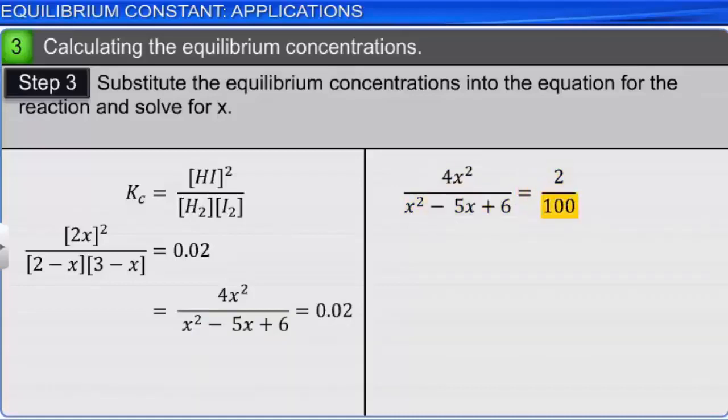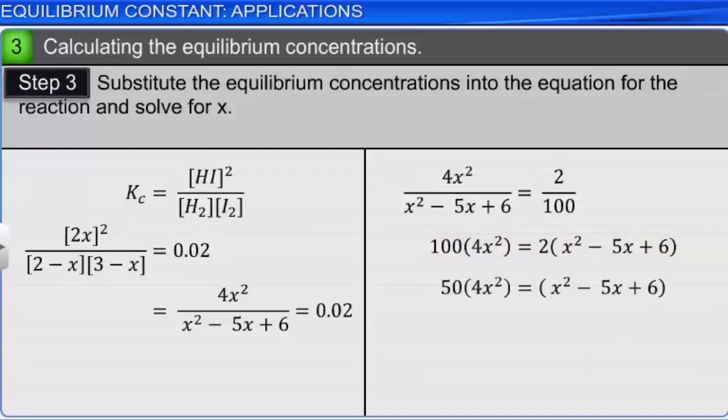On cross multiplying, we get 100 multiplied by 4x square is equal to 2 multiplied by x square minus 5x plus 6. On crossing of 100 with 2, we get 50 multiplied by 4x square is equal to x square minus 5x plus 6.